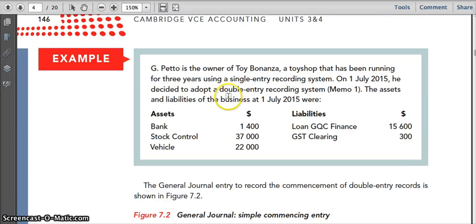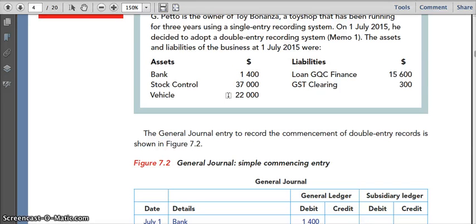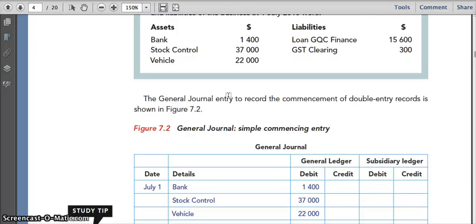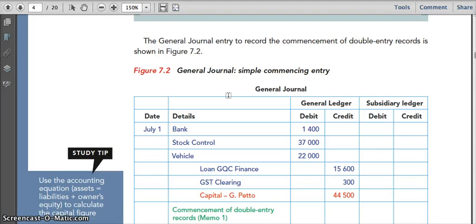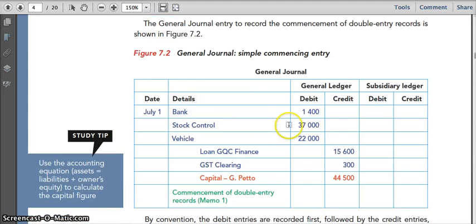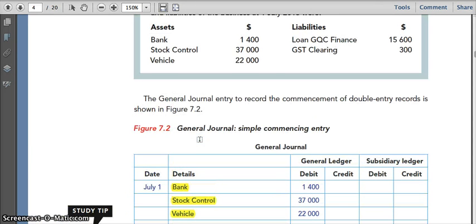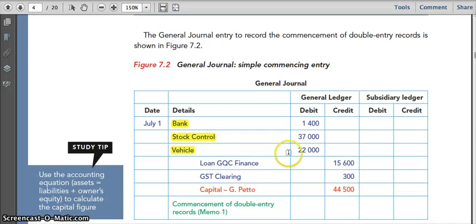So what we need to do is record these transactions in the general journal, obviously as the debits, which are the assets. So bank, stock control, and vehicle. We can see that there. So let's move down from there. And then the loan and the GST clearing, which are the liabilities, obviously the credits, and then we have balanced it off there with the capital that the owner has contributed.